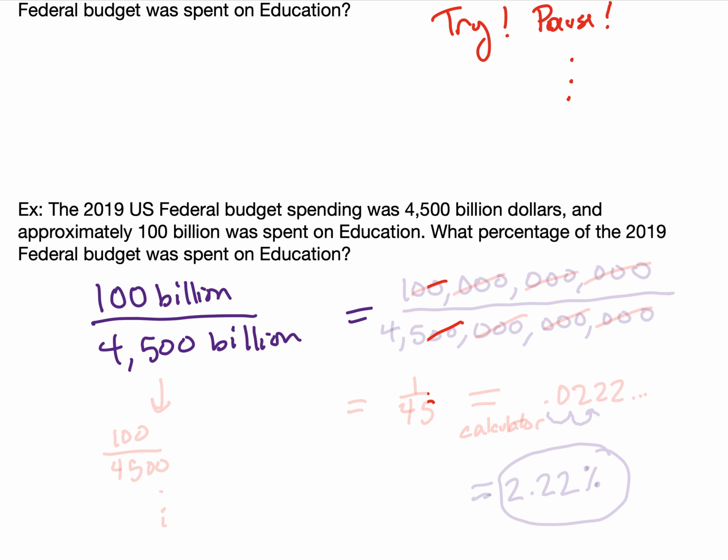To put this directly into a calculator, of course, a calculator doesn't understand billion, so you could put in all the zeros. That would be 9 zeros for both the top and the bottom. So 4, 5, 0, 0, and then we're adding 9 zeros all together.